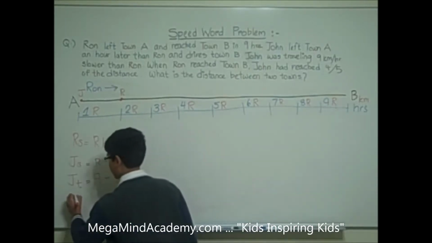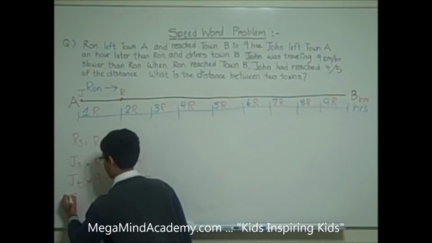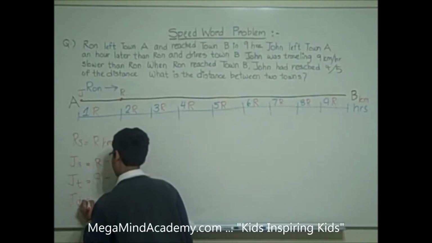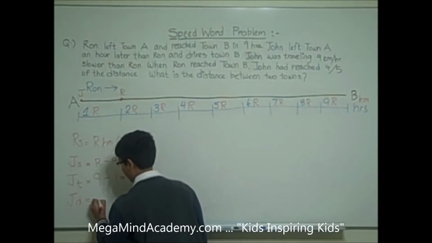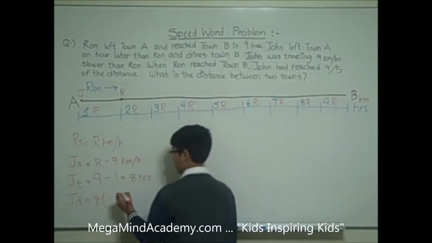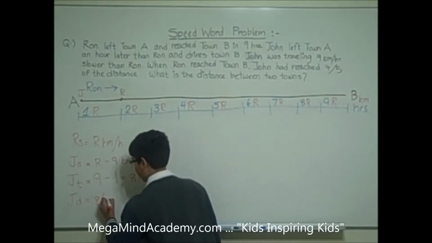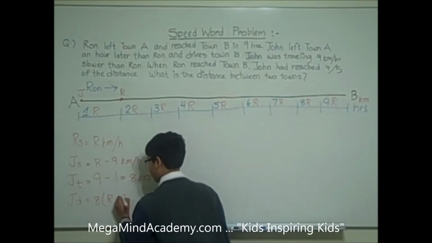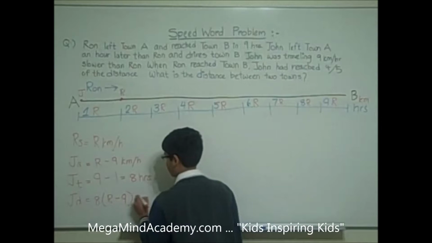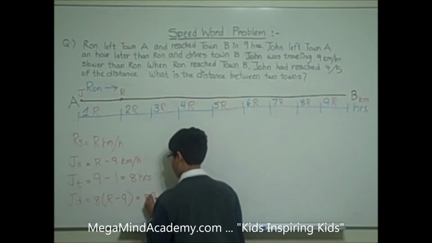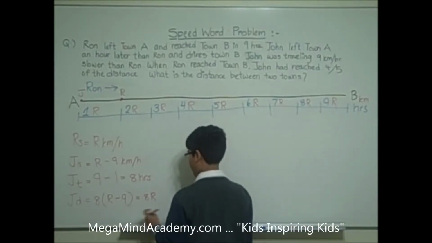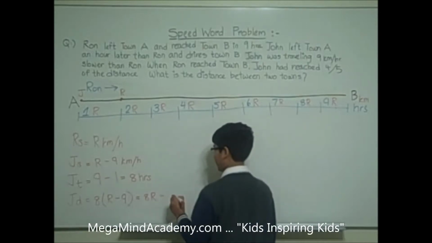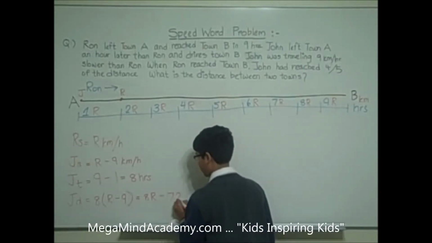So this means that John's distance is equal to 8 into parentheses R minus 9, which is equal to 8R, because 8 times R is 8R, minus 72.